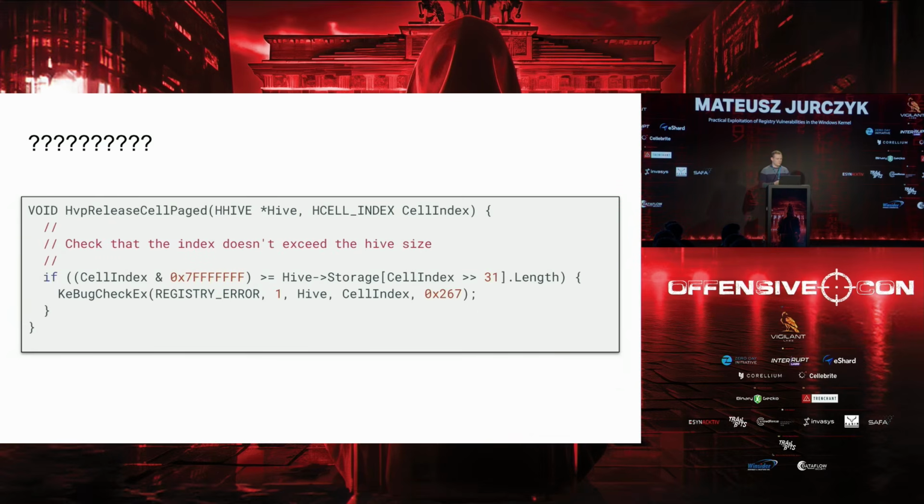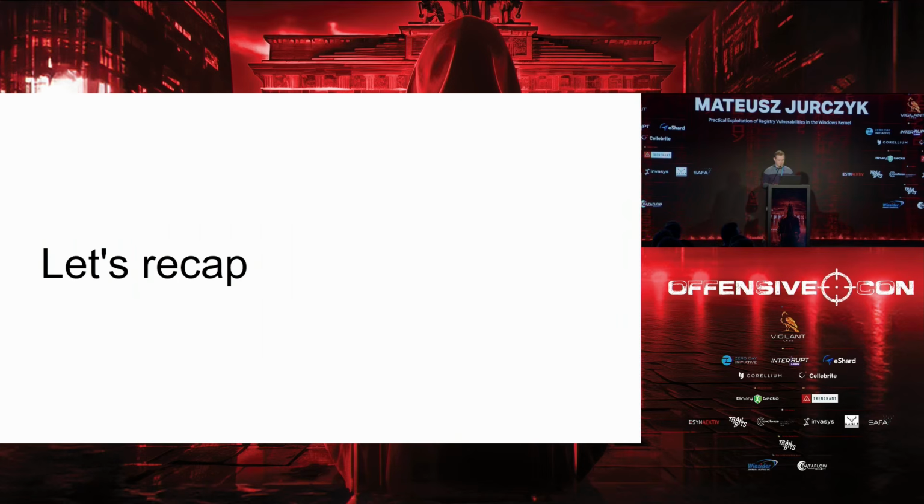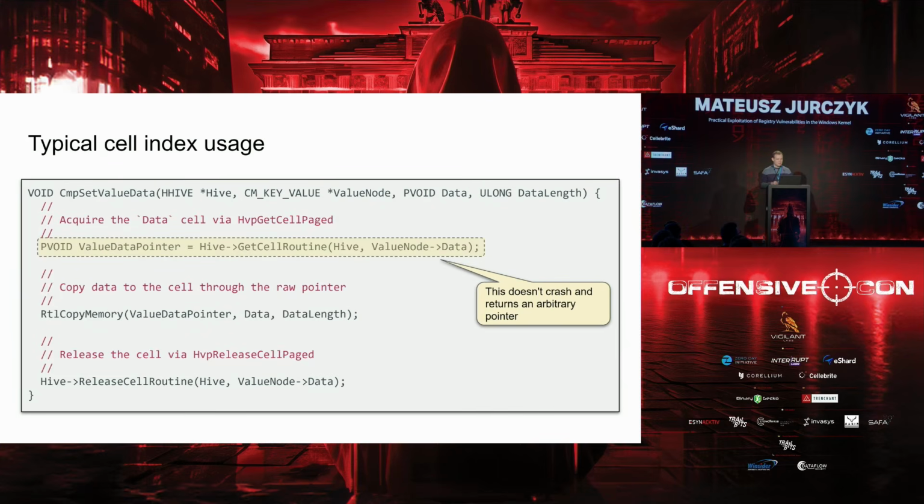And then when I look at the function, it's basically this. All this function does is check whether the cell index is within the bounds of the hive or not. And if it's out of bounds, then it just bugchecks the system, which is not great news. It breaks the whole exploit quite badly. So as a quick recap, we had these three stages of, for example, setting the data of a value or doing some other operation on a cell index.